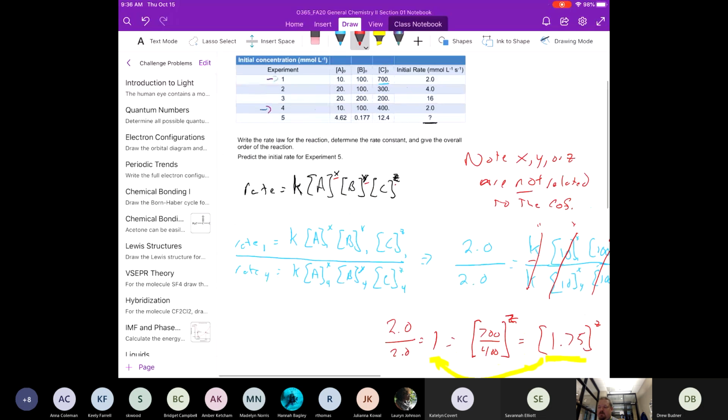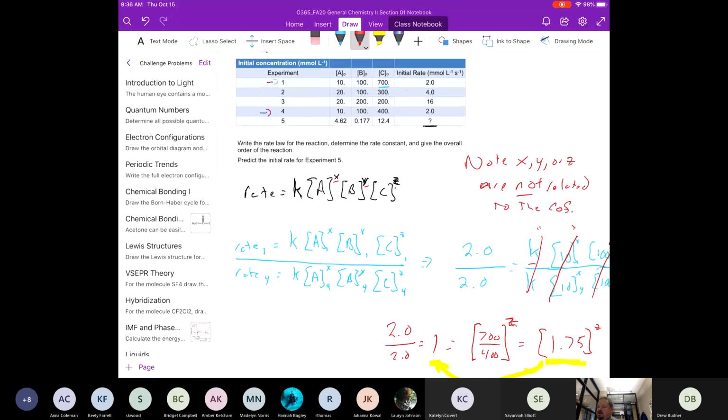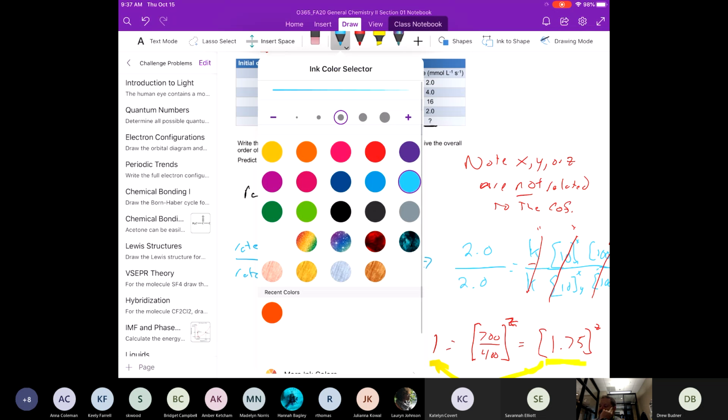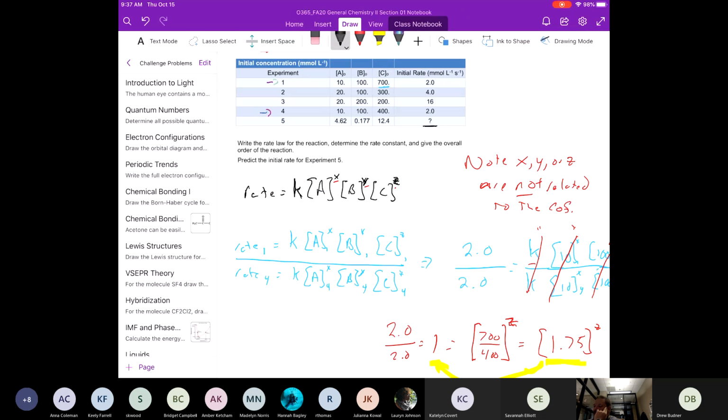Questions on that, right? So now we can replace this Z with 0. And we're going to repeat that process for the other two values. So we need to find 2 places where A is the same and B changes, right?